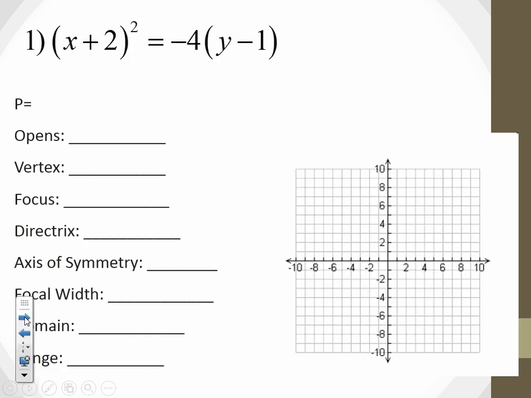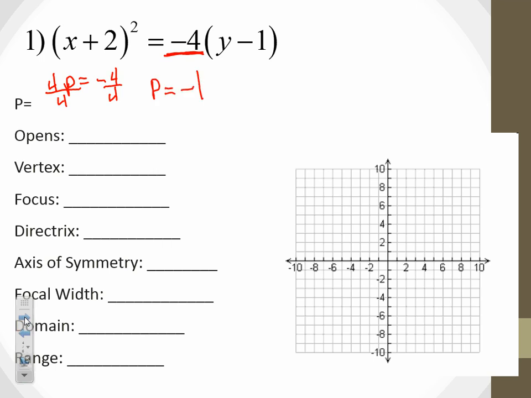All right, ladies and gentlemen, we have 3 examples today, so we're going to go through each one of these. First thing we have to do is find our p. To find our p, 4p equals negative 4, so we divide negative 4 by 4. P equals negative 1.